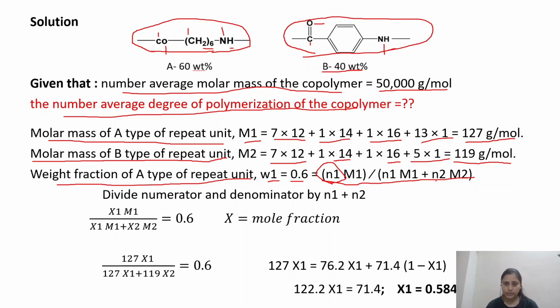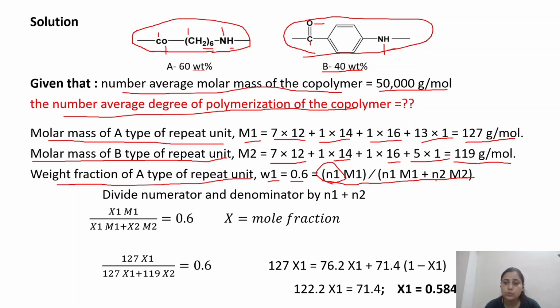If we need to calculate the weight fraction of B type of repeat unit, we could have written W2 equals 40 weight percent, meaning 40 divided by 100 is equal to N2 M2 divided by N1 M1 plus N2 M2.